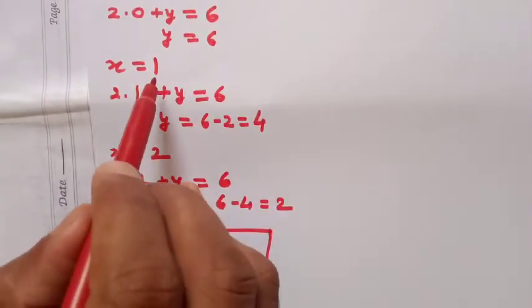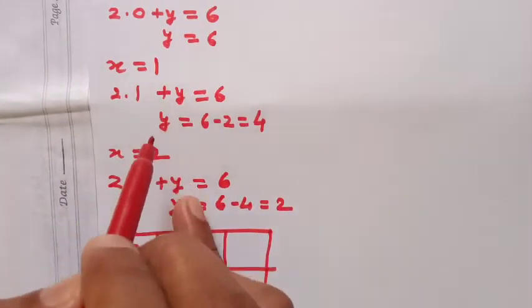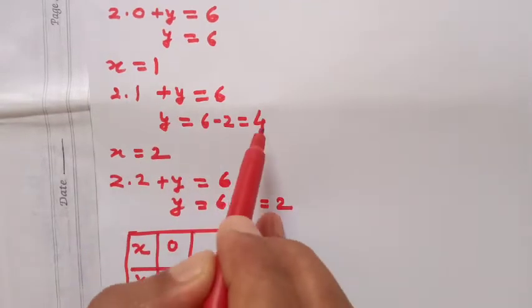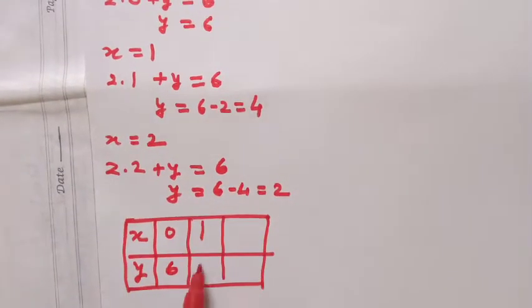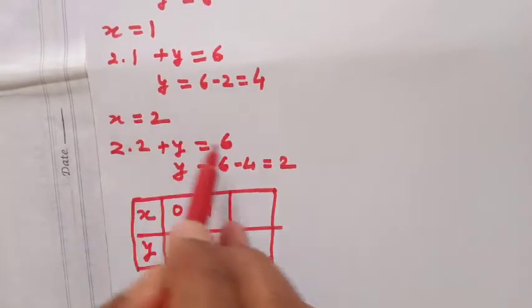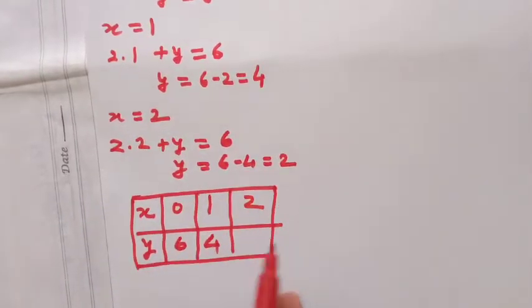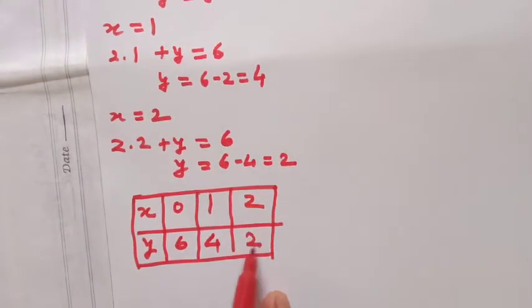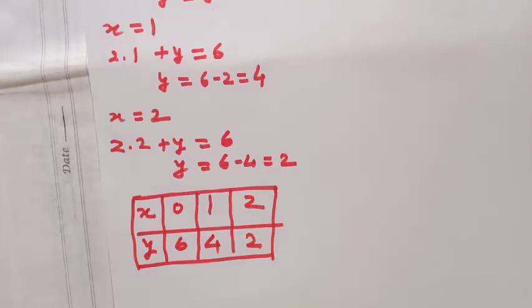Now x is equal to 1, then the corresponding value for y is 4. Clear? Now x is equal to 2, then y is equal to 2. Okay, we got the coordinates for the first linear equation.